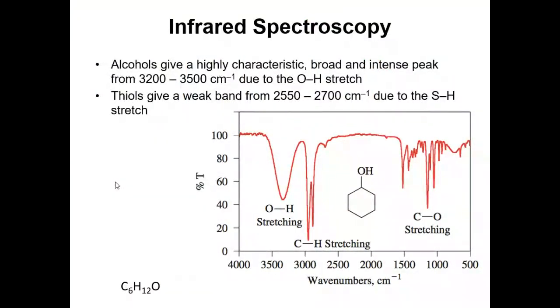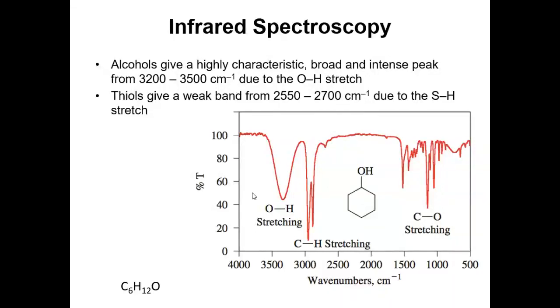First thing about alcohols is infrared, and the most signature feature of alcohols is the OH stretching peak. Because infrared absorption peaks are directly associated with the dipole moment change that happens during the vibration.